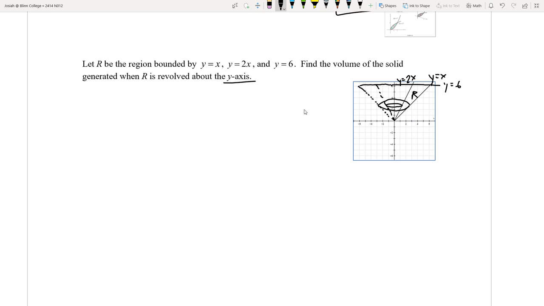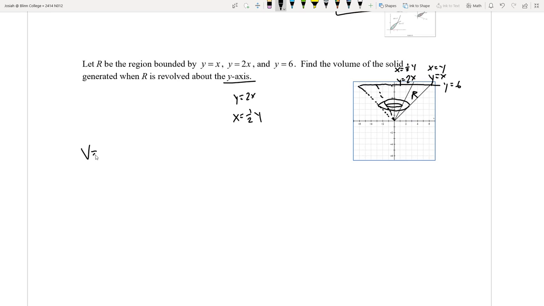We're also going to have to solve for x. If y equals 2x, x equals 1/2 y. So that's another way of writing this function: x equals 1/2 y. And y equals x is the same thing as x equals y. And we can see here that x equals y is the right-hand function, which means that is our outer radius.